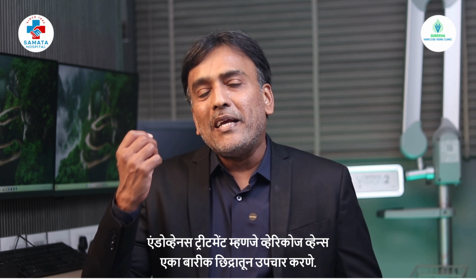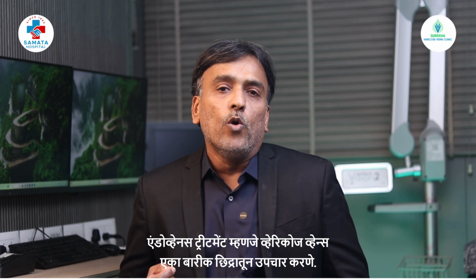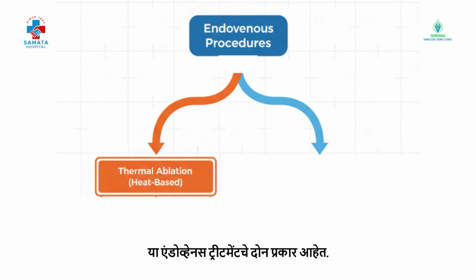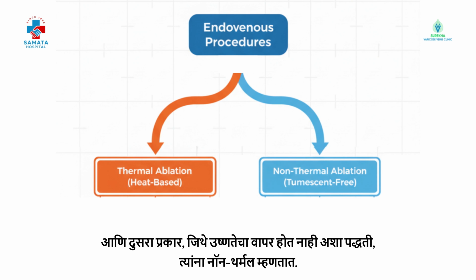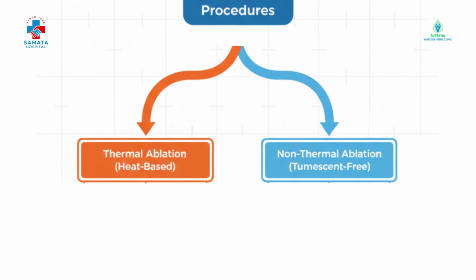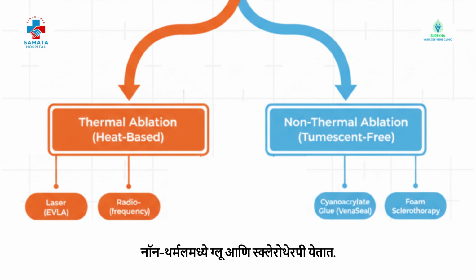Endovenous treatment basically means treating the varicose veins through a pinpoint hole. These endovenous treatments are of two types. One, wherein we use heat energy, known as thermal techniques, and the second, wherein we use methods which do not use heat energy, known as non-thermal. Thermal includes laser and radiofrequency; non-thermal includes glue and sclerotherapy.